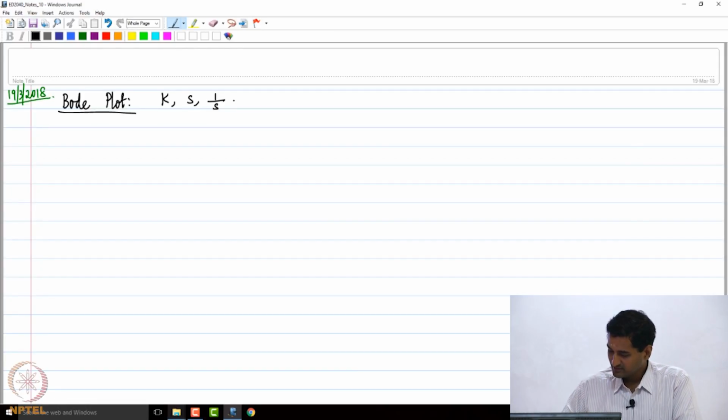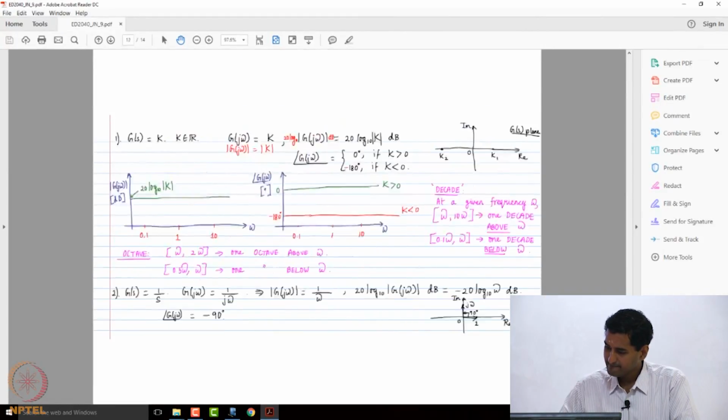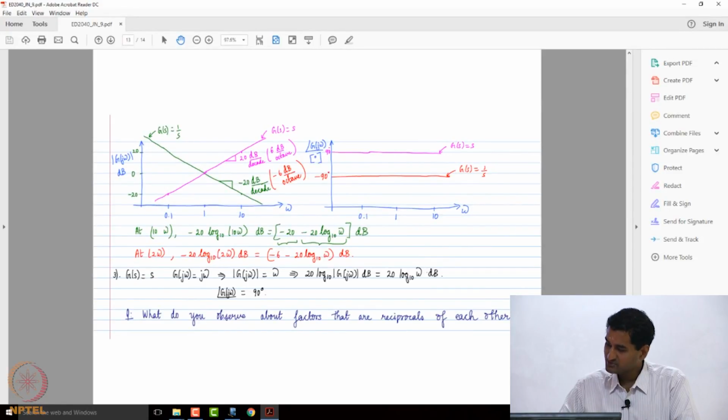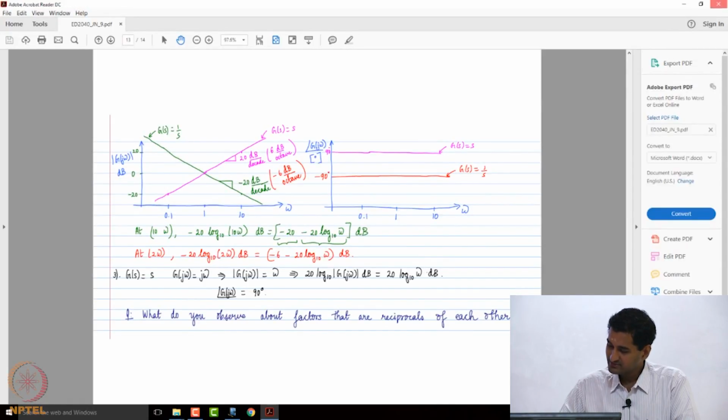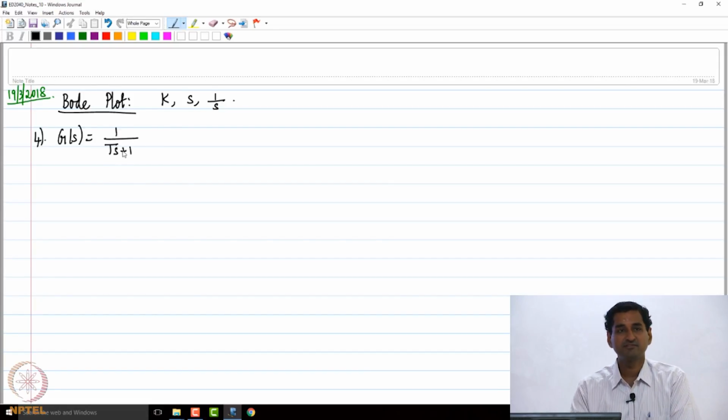Just to ensure that I am consistent with the numbering, I used 3. So let's say as the fourth factor, we choose G of s to be 1 by Ts plus 1. So a first order term.